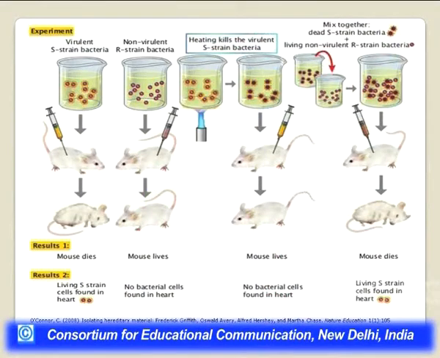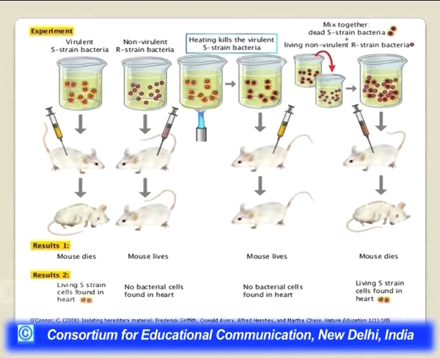So that was a very surprising result, because the virulent strain, which is the S strain, is dead, and the non-virulent strain, which is non-pathogenic, is living. But when both of them are mixed together, they cause the disease and the mouse dies, and you get living S strain cells found inside the heart.